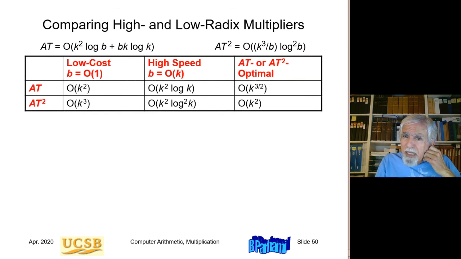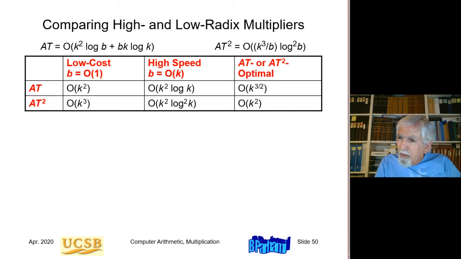Okay, so here in this table you see high and low radix multipliers compared. So when B is order 1, in other words, fairly small radix, then AT and AT squared are order K squared and order K cubed. When B is fairly large, it approaches K, the second column applies.